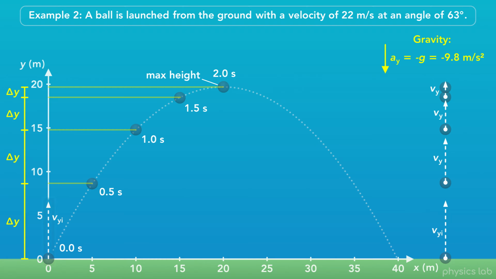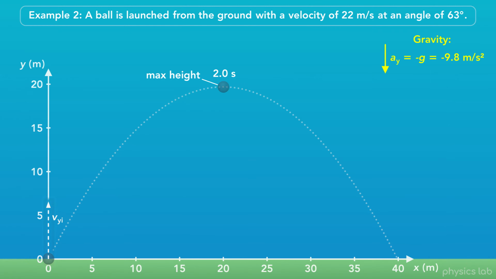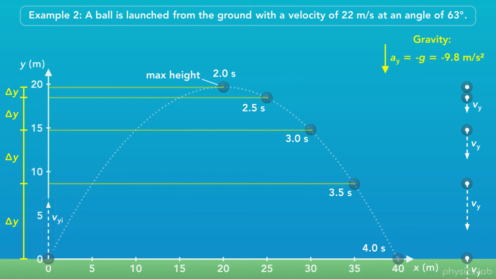So the ball moves less vertical distance during each interval. Then the ball reaches a maximum height and falls back down. As the ball falls, the y velocity increases, and the ball falls a greater distance during each interval, just like we saw in the first example.